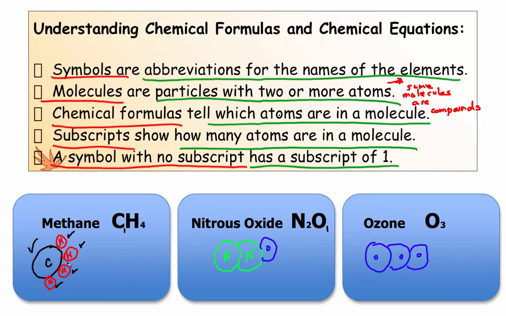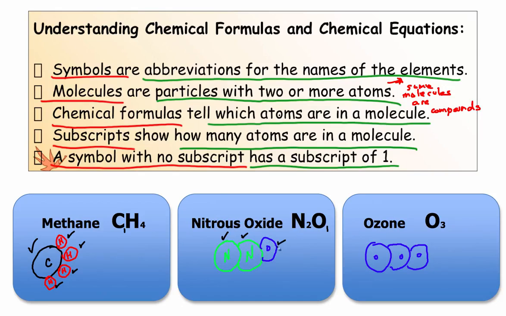CH4. Nitrous oxide: again, I put a little 1 beside the O because there was no subscript, and I want to remind myself when I sketch this molecule that while there are 2 nitrogen atoms right here, there is 1 oxygen atom that I need to remember to make part of that molecule.